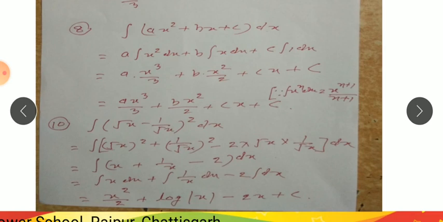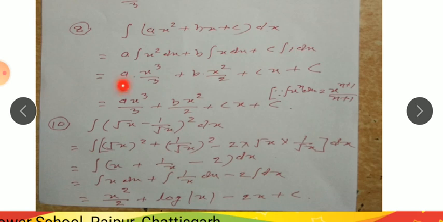Now refer question number 8. Integration of ax square plus bx plus c. This is containing three terms. You can see that this is first term, second term, third term. Separating the terms, a is constant. Now we can write a integration x square plus b integration x plus c integration 1, where the integration sign means dx is already applied in all cases.